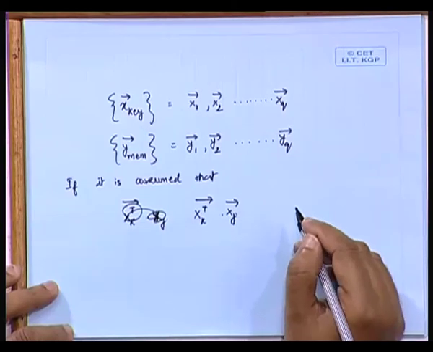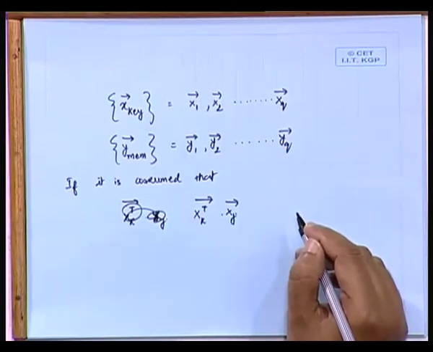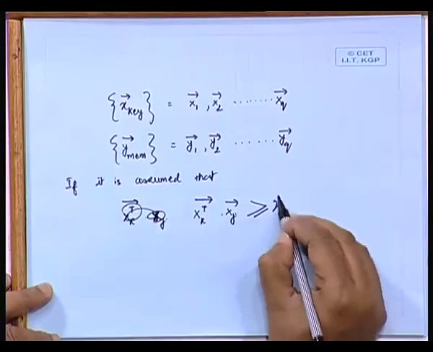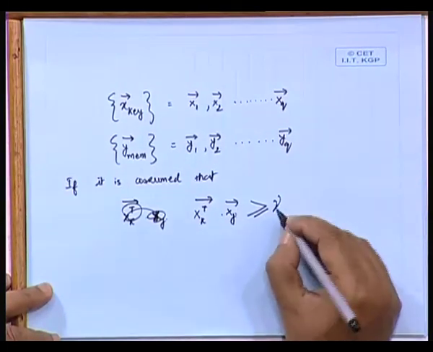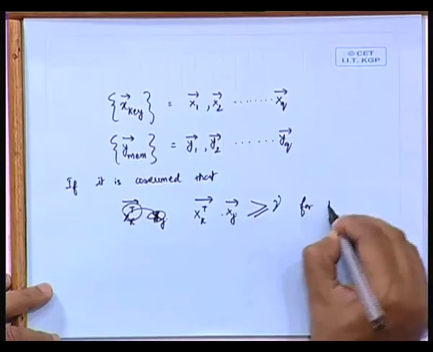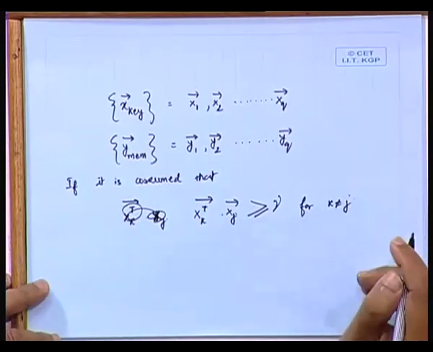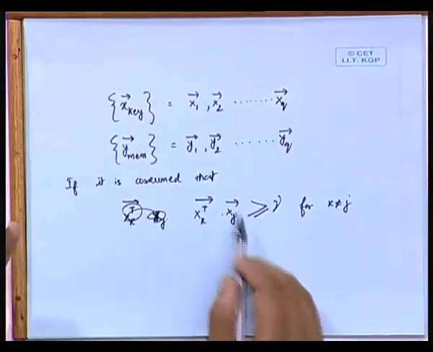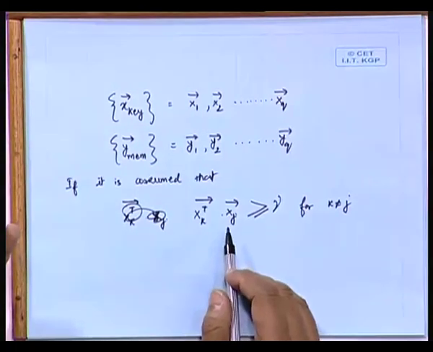We had assumed this to be 0 when there was a perfect recall. But if we now say that this is greater than or equal to some gamma, for k not equal to j, what is gamma? Gamma is the lower bound on the product xk transpose xj.